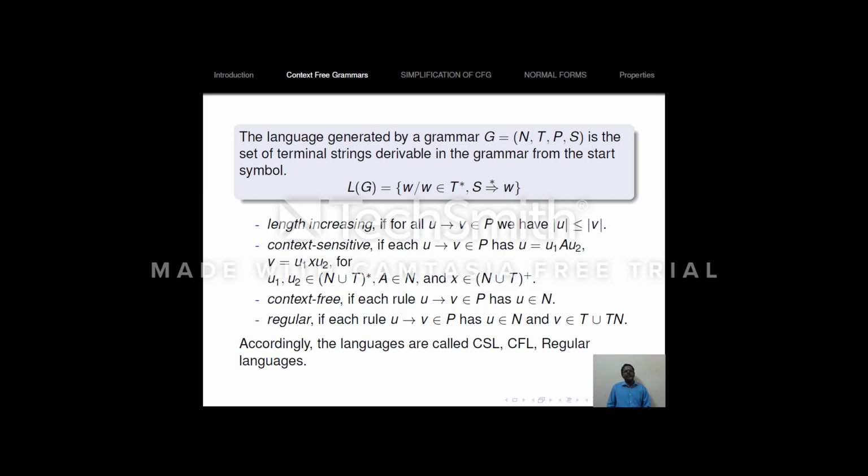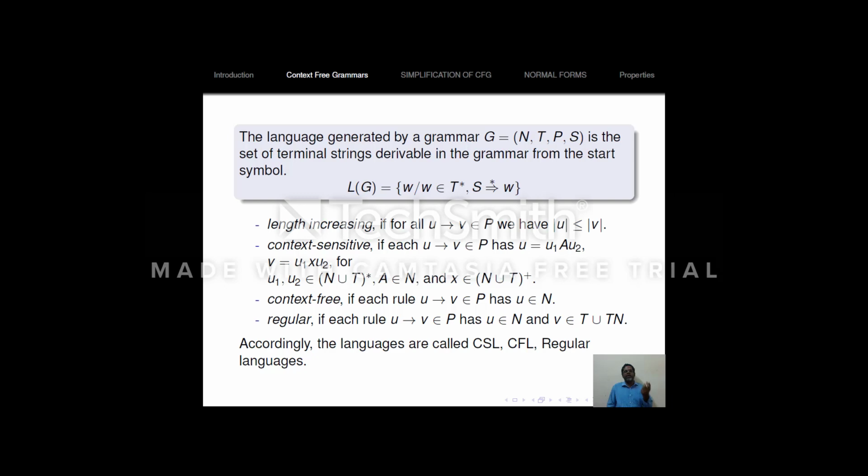So now, if in a grammar all the rules of P are in this form, U goes to V, where the length of U is always shorter than or equal to the length of V. What do we mean by length of U?